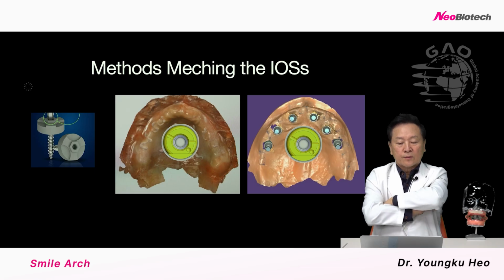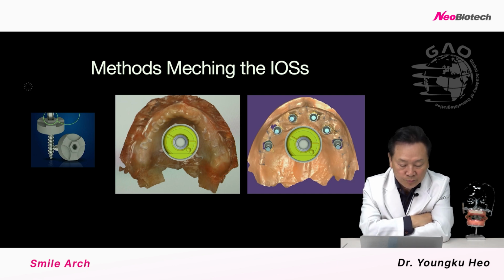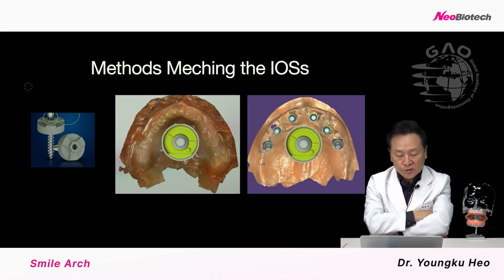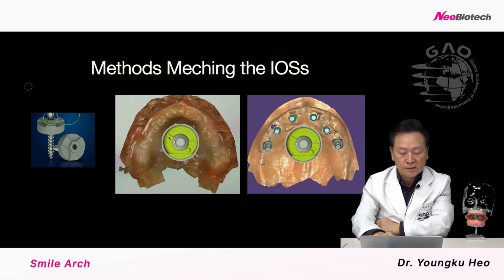And there is another method, matching the original intraoral scan data with another intraoral scan after surgery, but it's very difficult to match together. So there is another way: put an additional implant in the maxillary palate area in the upper arch, and scan the whole arch with this scan body.